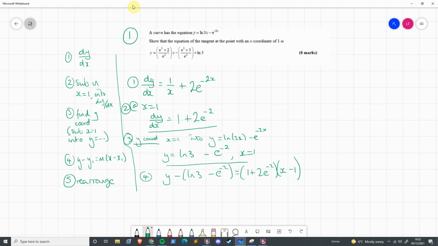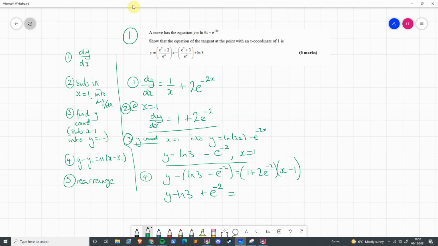Quite awkward, but no big deal, we can deal with it. Let's expand this bracket on the left first. Remember, minus times by all of these things, so all the signs are going to change. So that's going to be minus ln 3, that is going to be positive e to the power of minus 2. Equals, we've got some double bracket expansion here.